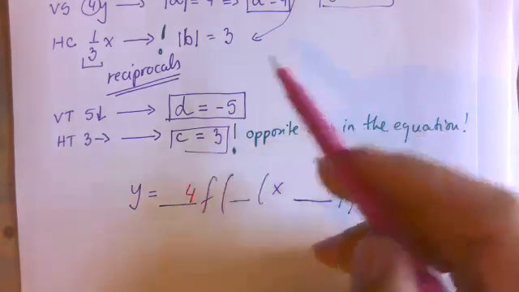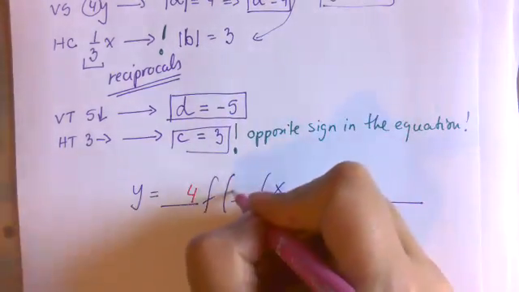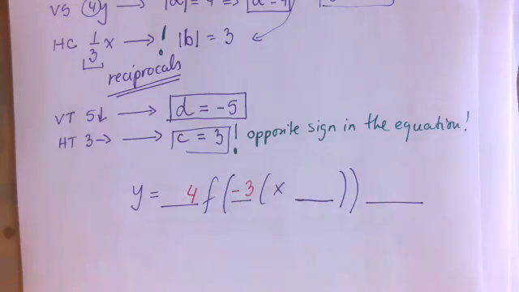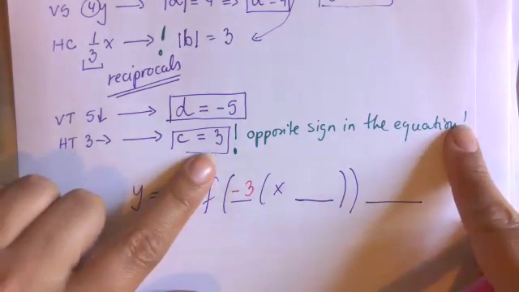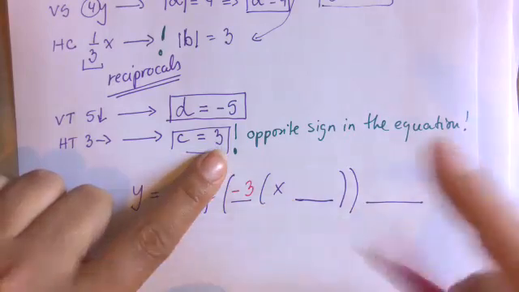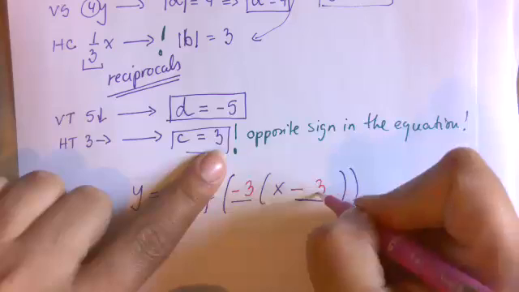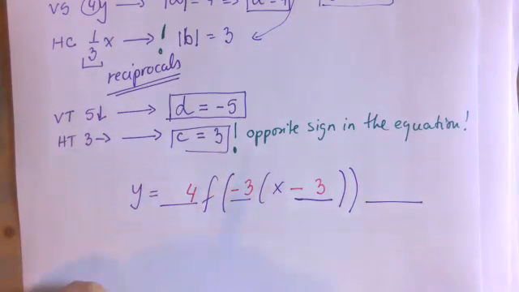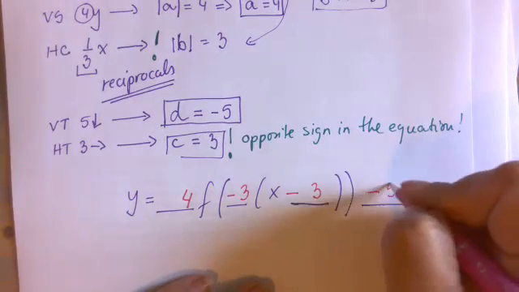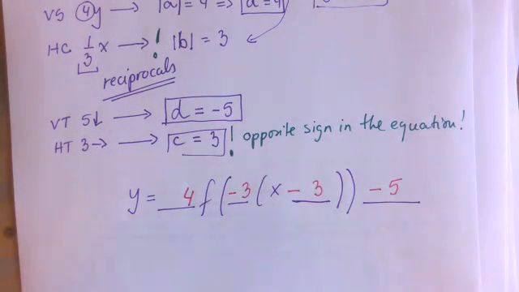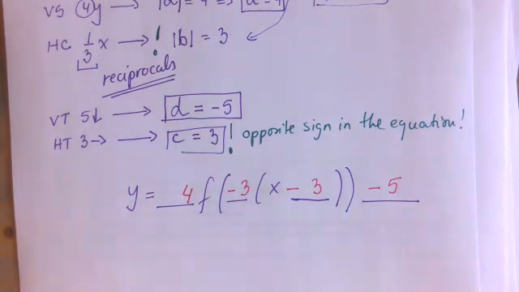B, we said, is -3. This is where C is, and we make sure that it's the opposite sign in the equation, so it's going to go as x - 3. And D goes just as is, so -5. Or +(-5) if you want, but it's not a big deal.